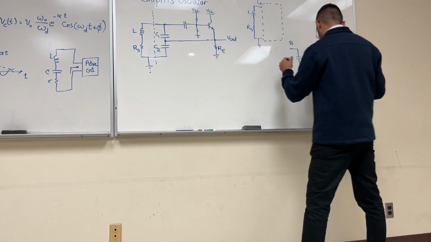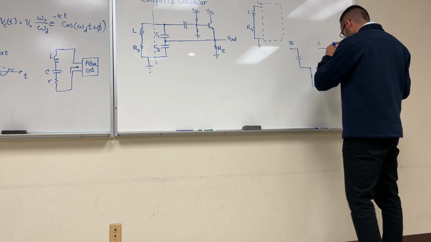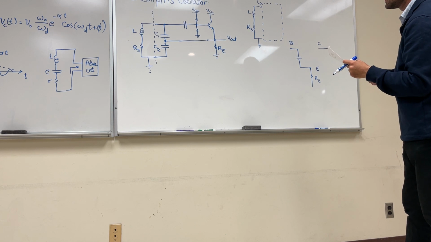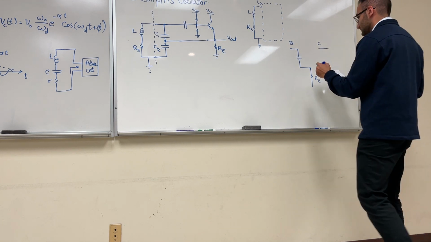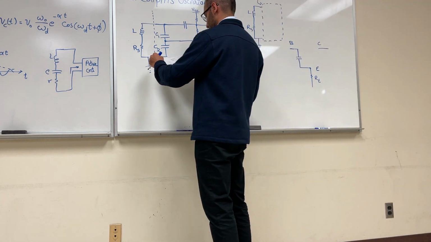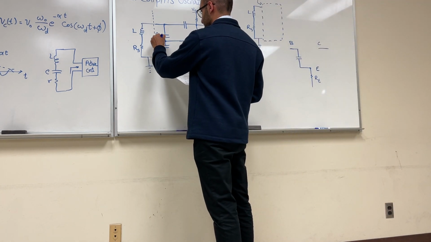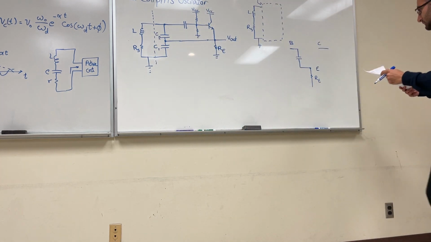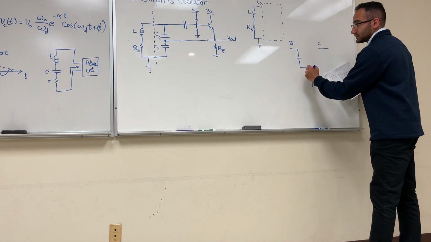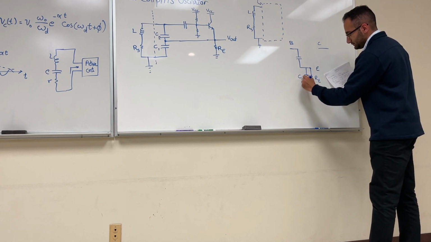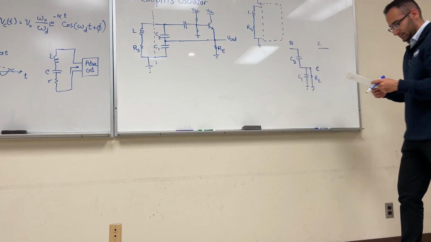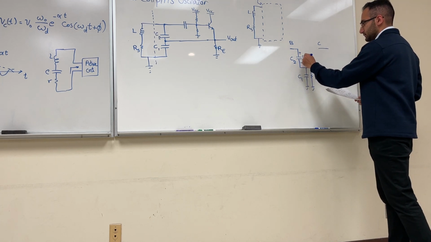Is it C2 or C1? Why is it C1? Okay. I have C1 here, C2, V pi.